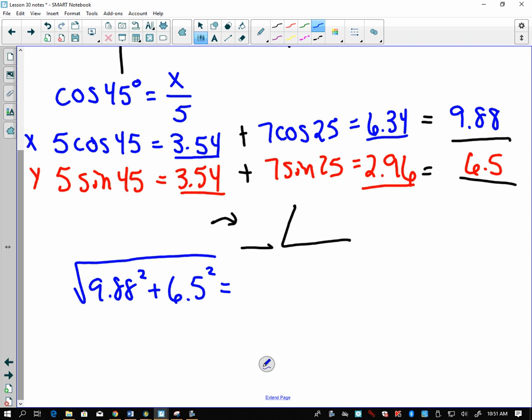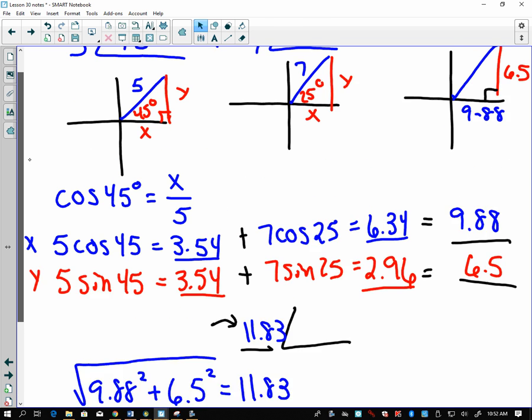So if I do this off the beginning, I should get a more exact answer to 2 decimal places, right? 11.83. All right, so we have 11.83 that goes here.